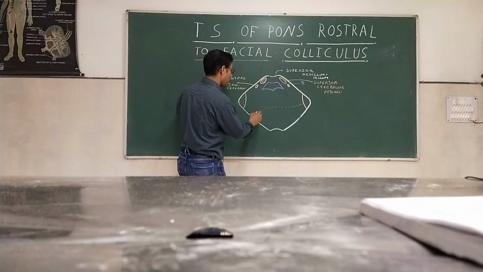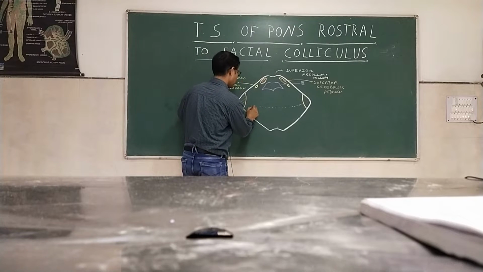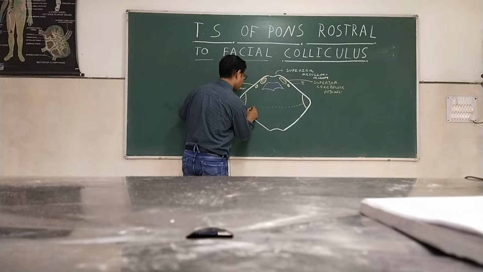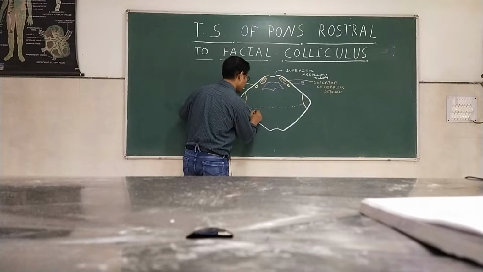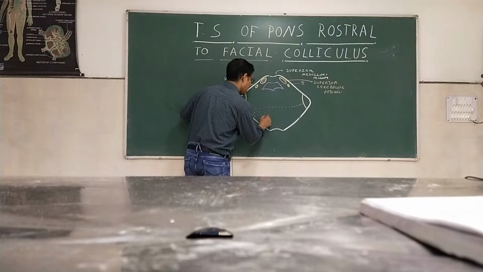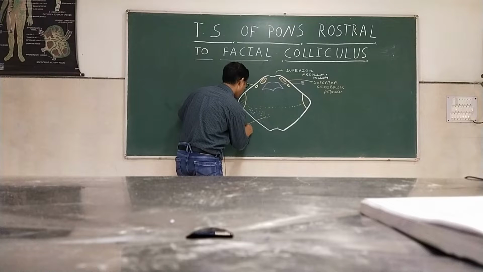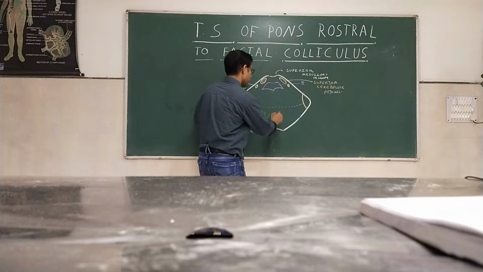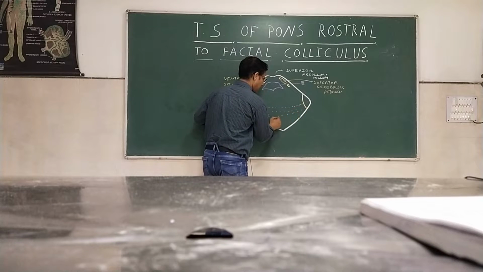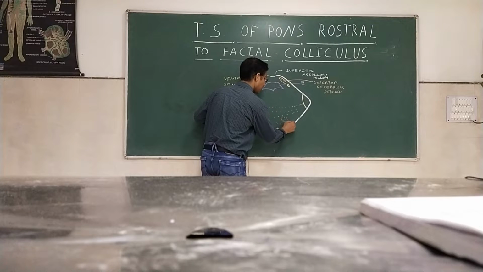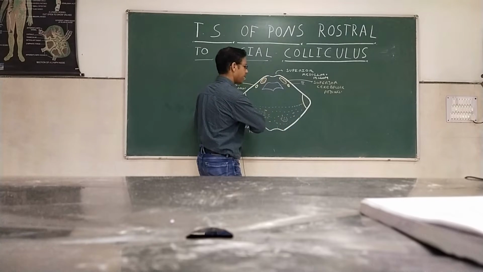And a few relay here: of the fibers running in this part, a few end here in the form of the nucleus pontis, collectively known as the nuclei pontis, because the first fibers in this zone end there.